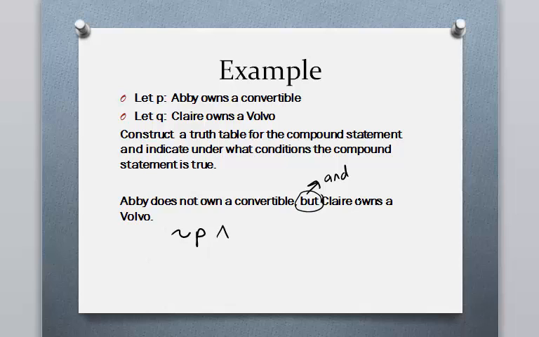And then we have Claire owns a Volvo, which we know is Q. So what we are trying to find is the negation of P and Q. And so let's go ahead and set up a truth table for the negation of P and Q.